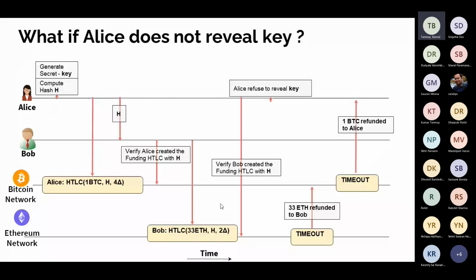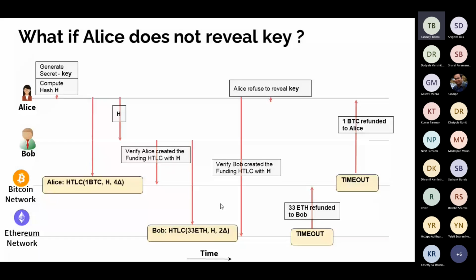By that time, since it has timed out, even if Bob knows about that key, Bob cannot do anything about it, because the money has already been refunded to Alice. So it's important that Alice's timeout occurs after Bob's timeout. Then Alice cannot claim both her refund and the payment from Bob, because if Alice does not reveal the key, Bob will first time out and get his refund, and only then would Alice get hers.